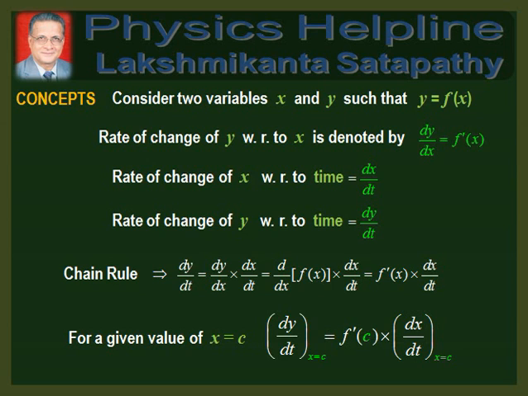Now, d by dx of f(x) is equal to f dash x, which gives dy by dt is equal to f dash x into dx by dt. Therefore, for a given value of x is equal to c, we have dy by dt at x is equal to c is equal to f dash c into dx by dt at x is equal to c. Now, we are in a position to solve the problem in the question using these concepts.